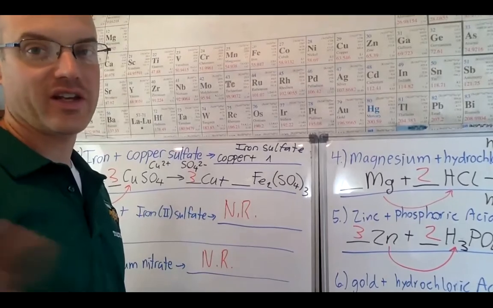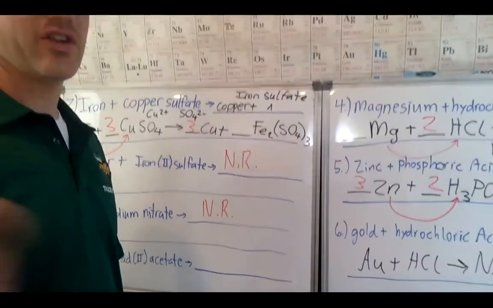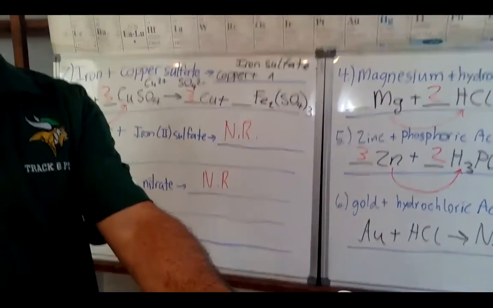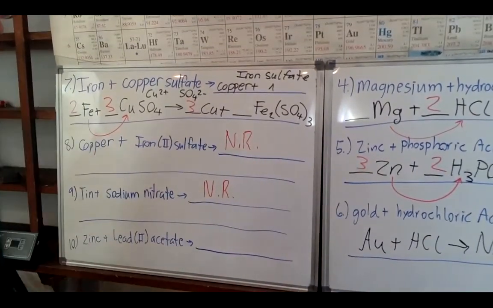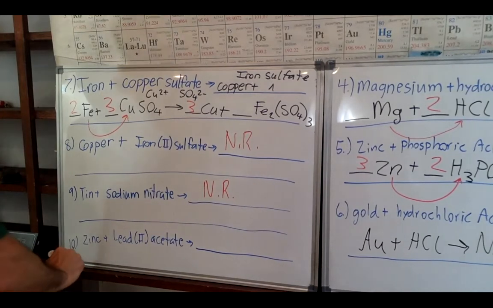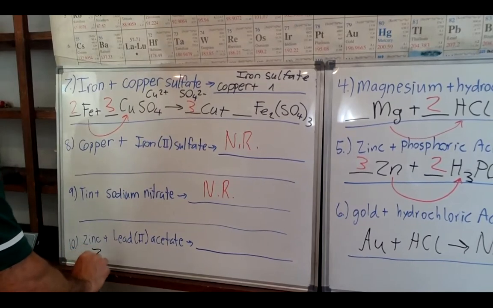that's the general idea. Let's look at the last one that actually does react down here at the bottom. Sorry about the camera angles. So we have zinc and lead-2 acetate. Lead-2 acetate is a huge compound. That's going to be fun to write. Zinc is easy. Zinc is just Zn.